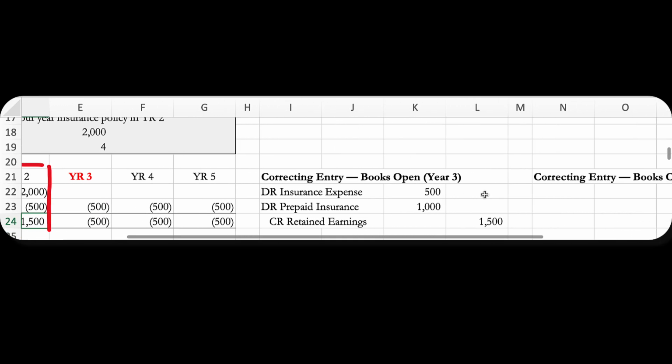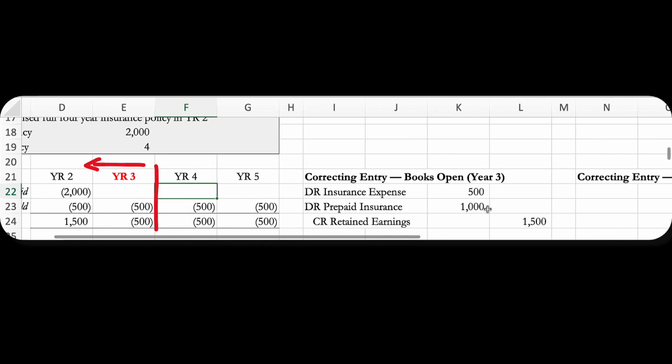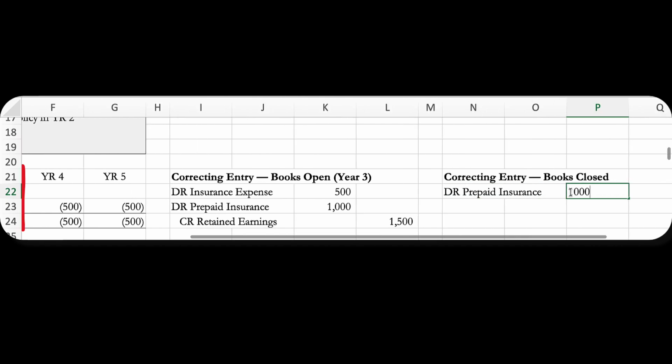So to fix the entry if the books are closed, again, let's go ahead and move this line to where the books are closed. Everything to the left of it is what's wrong with retained earnings. Everything to the right of it is what's wrong with balance sheet accounts. So I still need to record that prepaid insurance for $1,000.